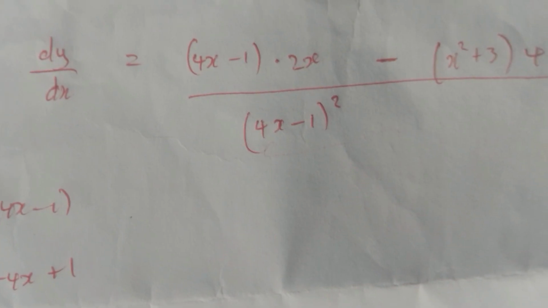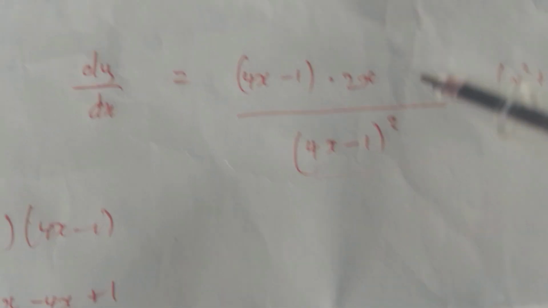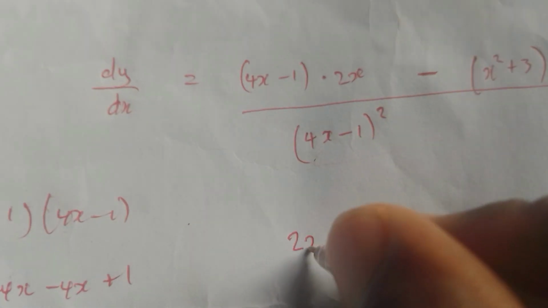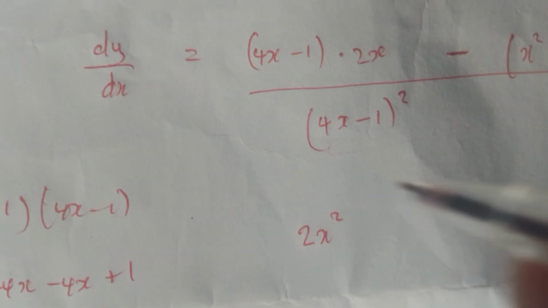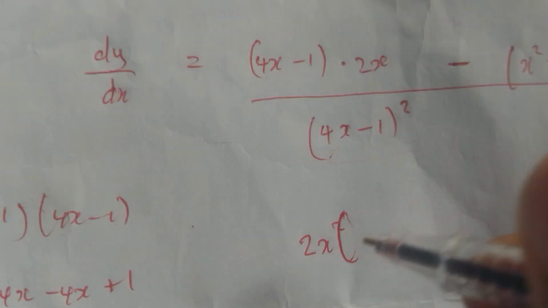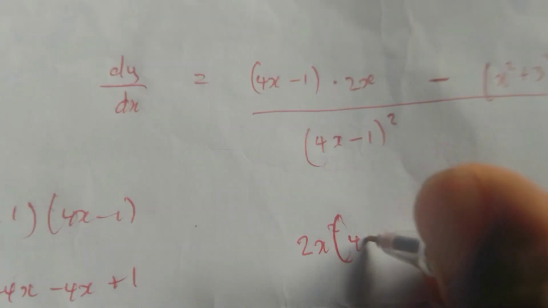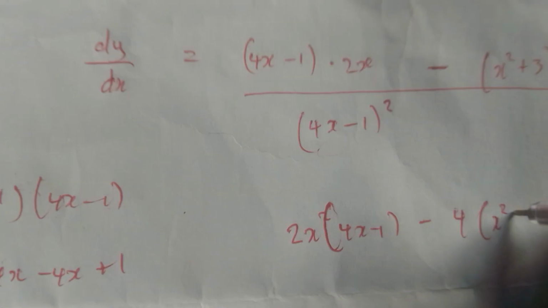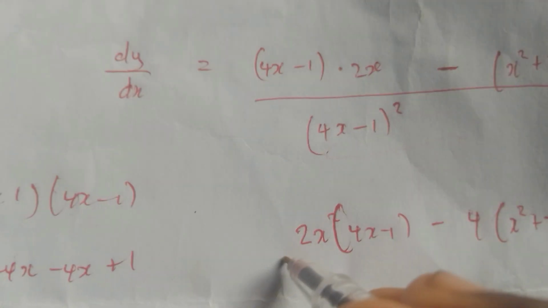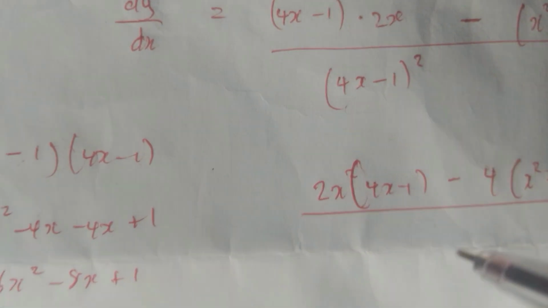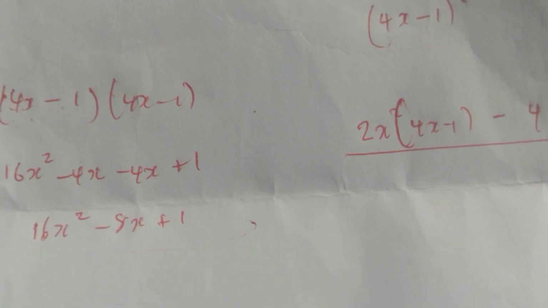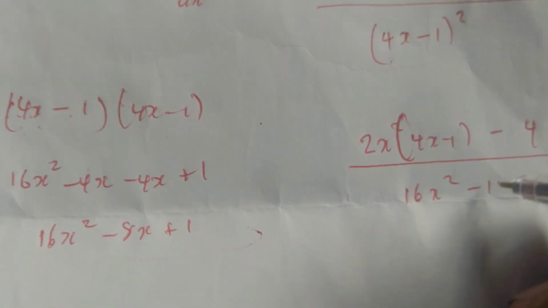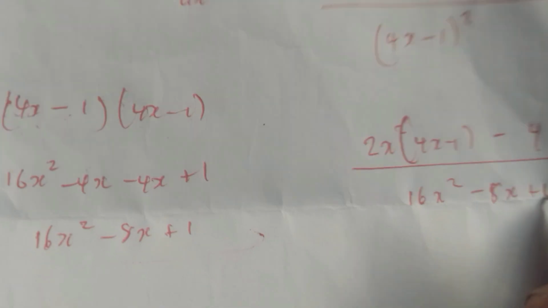So we're going to just open the brackets using the coefficients here. And we're going to have 2x into bracket 4x minus 1, minus 4 into bracket x squared plus 3, all over this, which is 16x squared minus 8x plus 1.